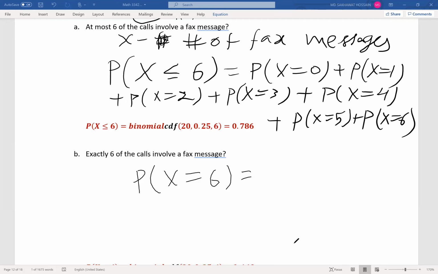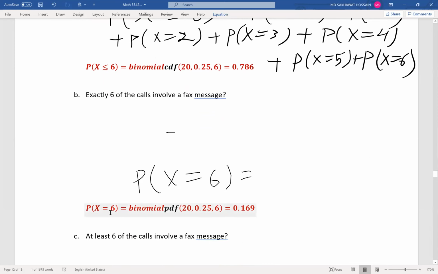Or you can use the calculator, and in this case you have to use binomial PDF, not binomial CDF, because we want the probability for a specific value of X, not the cumulative probability. So the probability is binomial PDF, 20 is the number of trials, 0.25 is the probability of success, and 6 is the value of X, the number of successes, and the probability is 0.169.